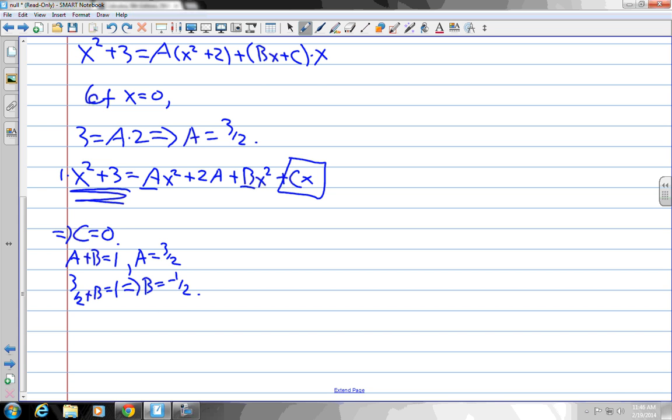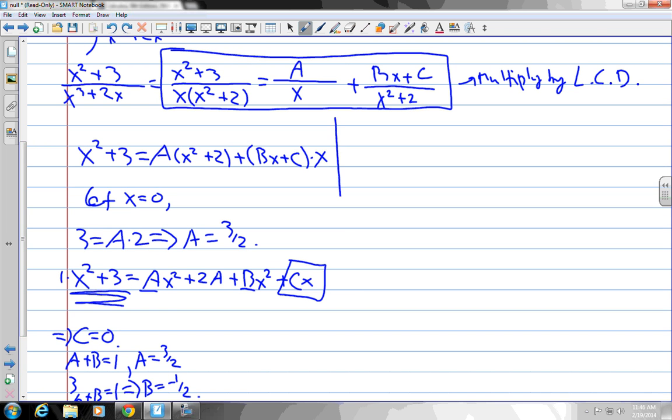Let's see. Okay. So then our integral becomes, we found a to be 3/2, so 3/2 times 1 over x dx, minus, we found b to be negative 1/2, and c is 0, so I can just write it as negative 1/2 times x over x squared plus 2 dx. There is no c, so we can just integrate this.